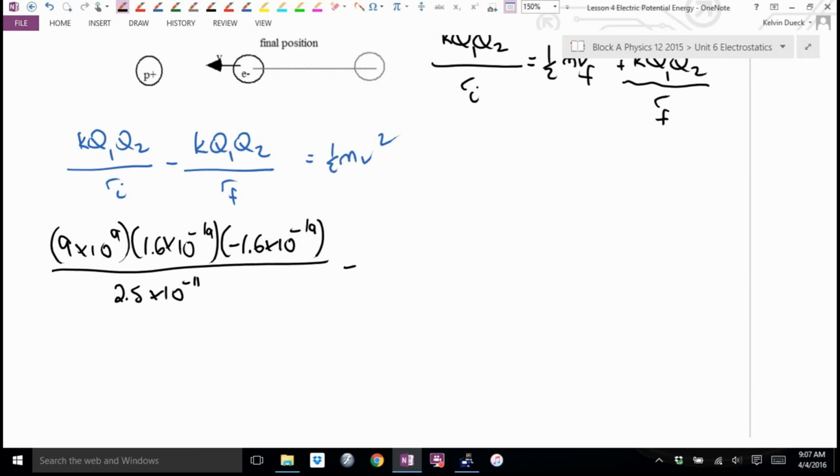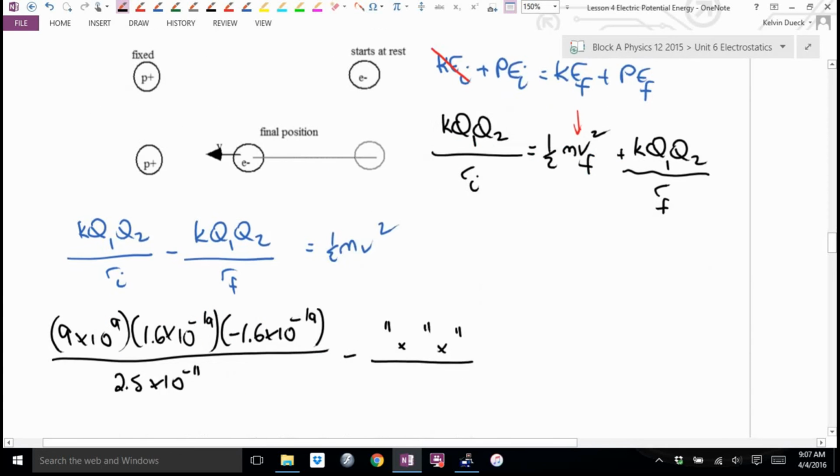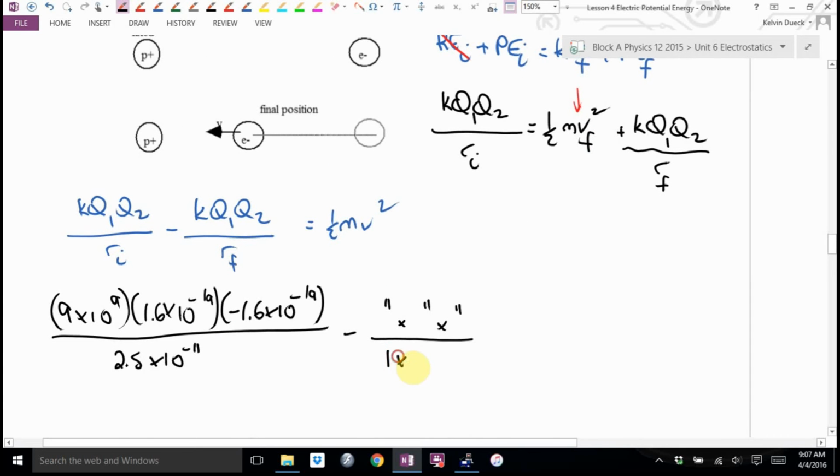Well then, let's replace them with ditto marks. All over R final, 1 times 10 to the negative 11. That equals a half m v final squared.